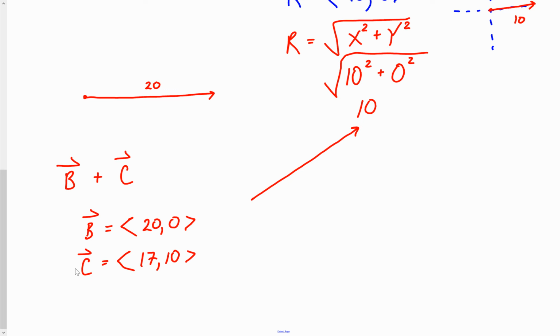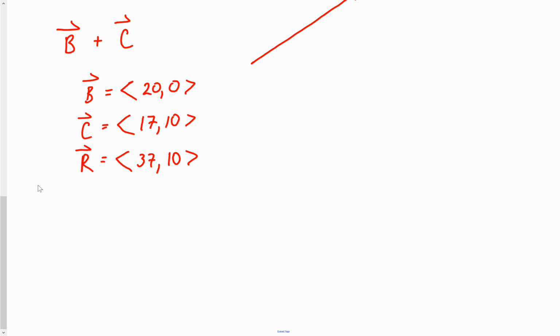Guys, now it's so easy. What would the resultant be? Well, all you have to do is add these up. My resultant would be 20 and 17, which would be 37, comma, 0 plus 10. So look at what we've created. When we add these together, we've now created a right triangle that says we're going to the right 37 and we're going up 10.